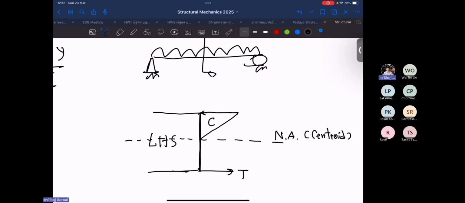So we will get the distribution of internal stress like this. Okay, compression and tension.